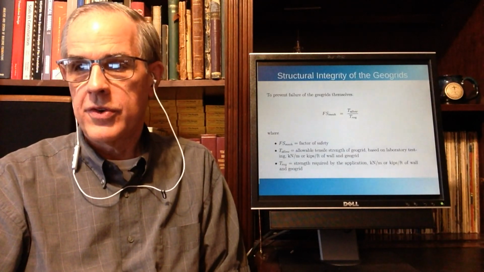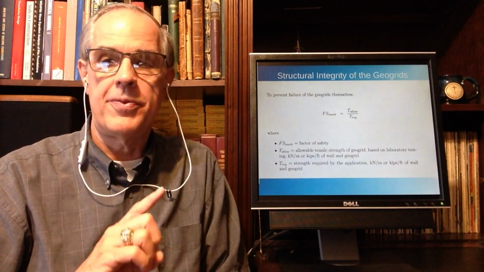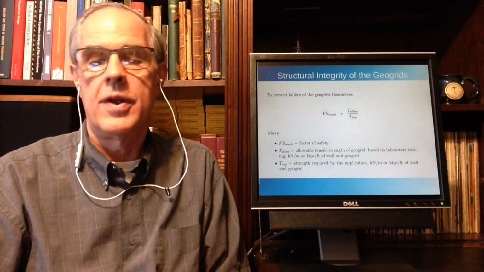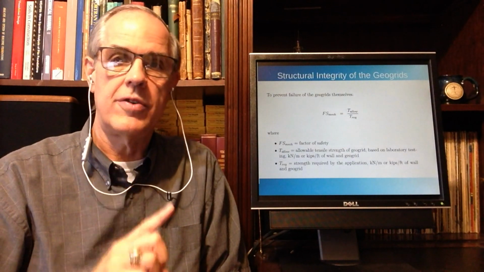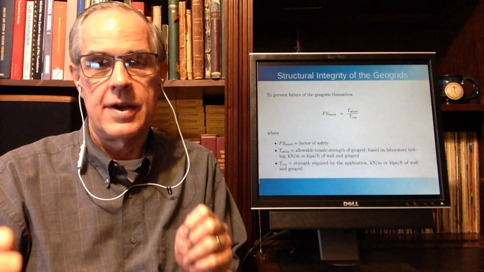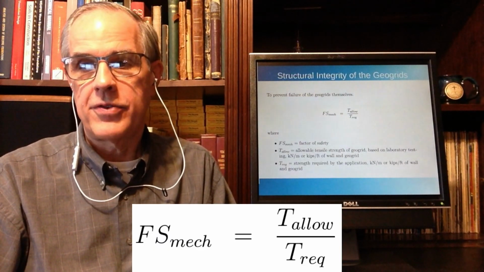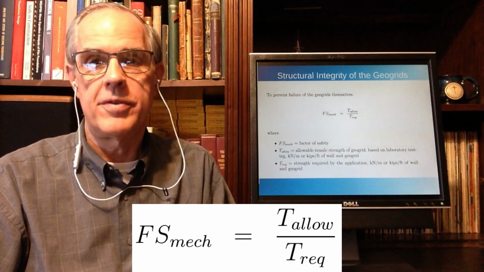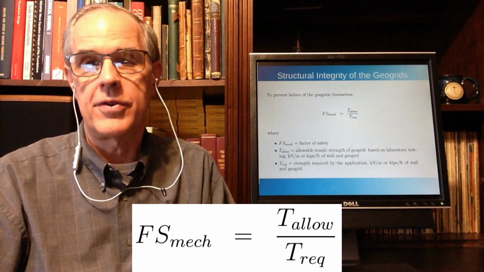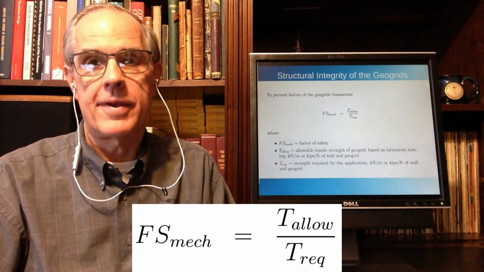For the structural integrity, once you've computed the geotech requirements, you then size the geogrid. The mechanical factor of safety needs to be the T allowable, which depends upon the geogrid and a lot of other factors, which we'll see in just a second, over the required strength of the application.